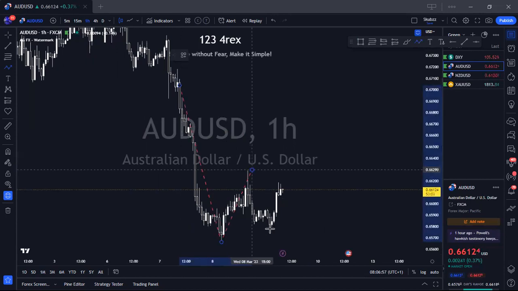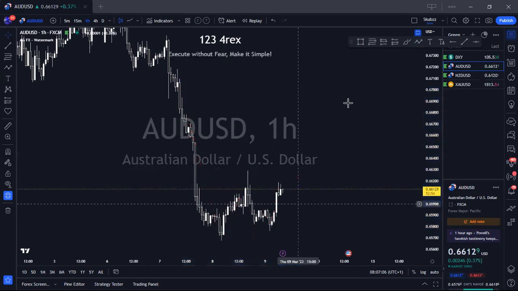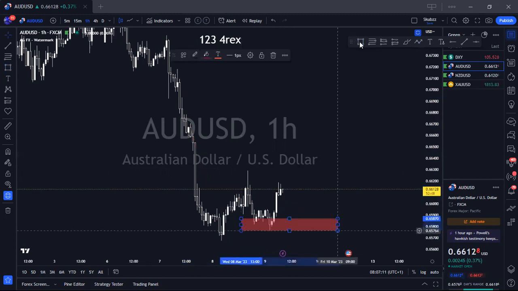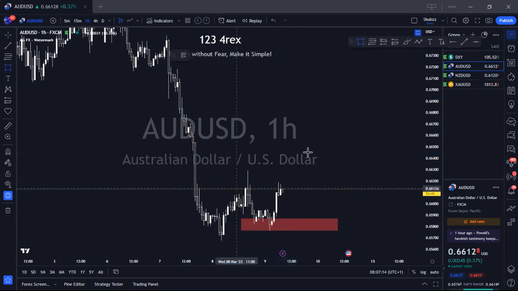Price created another low here, and then we pushed up. We just tapped those highs, and we're trying to reject from there. So it's the same thing we had on NZD. We'll just wait for price to exit the range, break below or above. Just as simple as that. Right now, it's just to wait and see how it plays out.